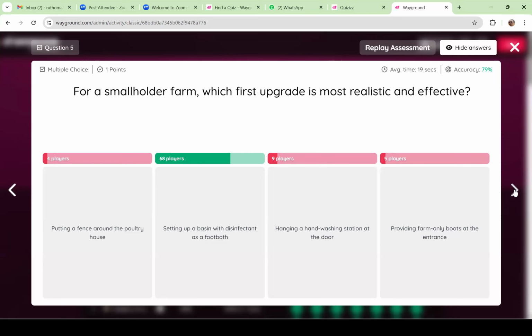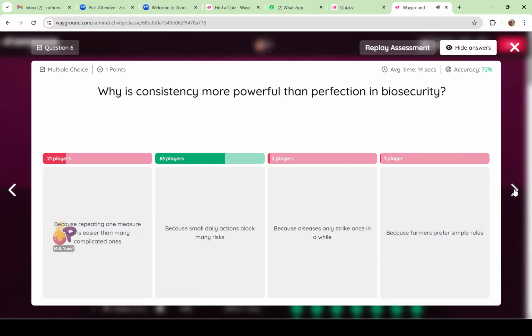We know most pathogens spread from stepping on them. Providing farm-only boots at the entrance is very possible, but is it realistic for smallholder farmers? It's very expensive. They can't really afford to provide boots at the entrance. So the one that is very easy to adopt is ensuring that they have a basin with disinfectant as a foot bath.